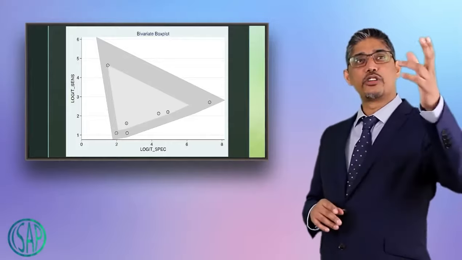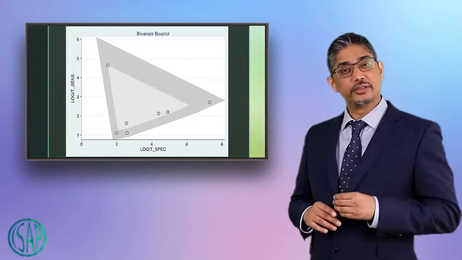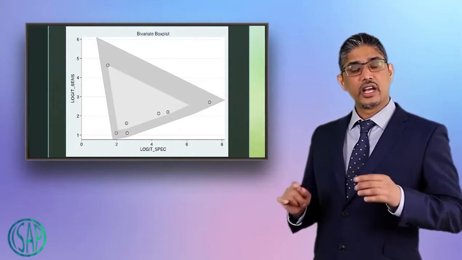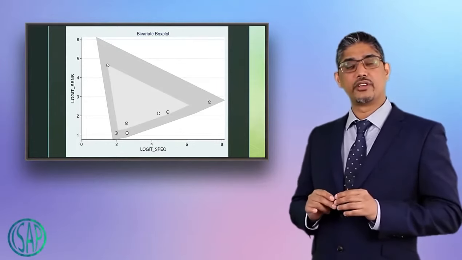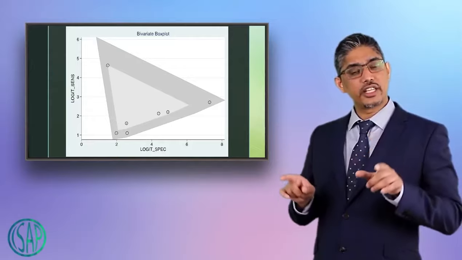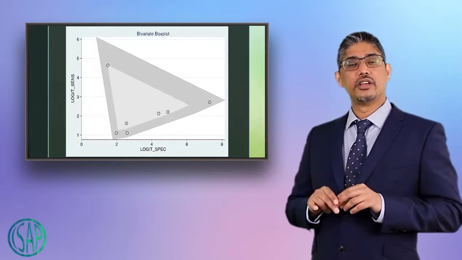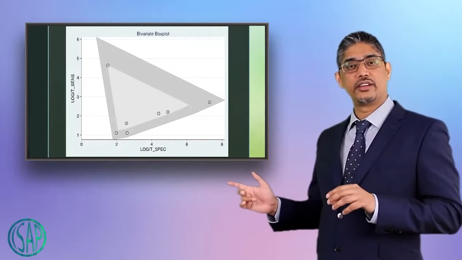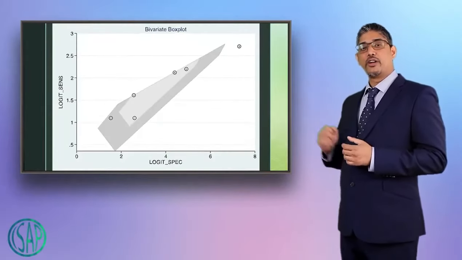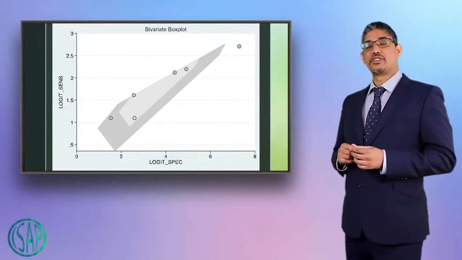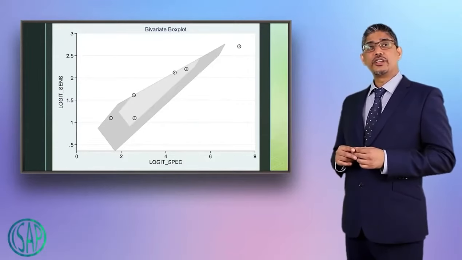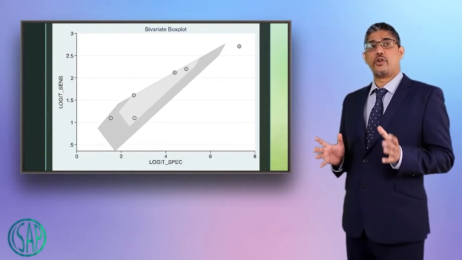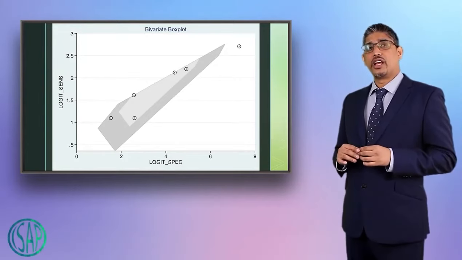So this is a box plot which I'm showing you on the screen, which has studies within the 95% confidence box and studies outside the 95% confidence box. And if I remove the studies outside the 95% confidence box, you can see the next box plot and how it looks. In this box plot, you can see I removed some studies which are outside. Now you can see only 4 studies are within the 95% confidence box and 2 are outliers.